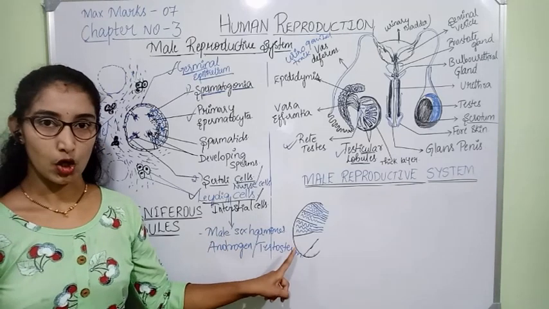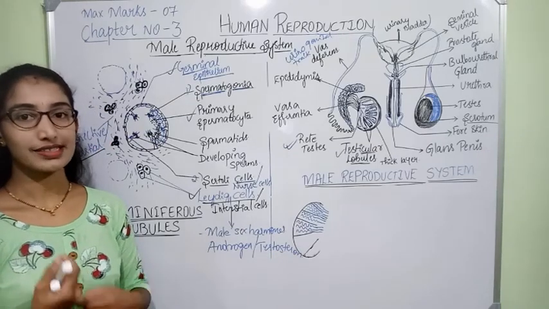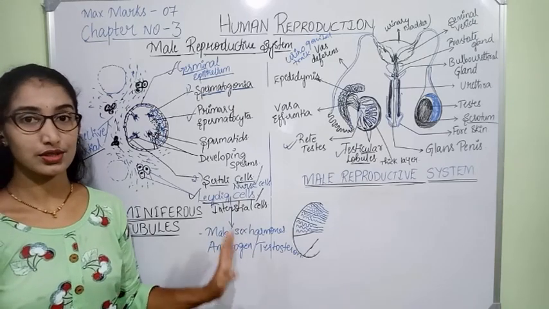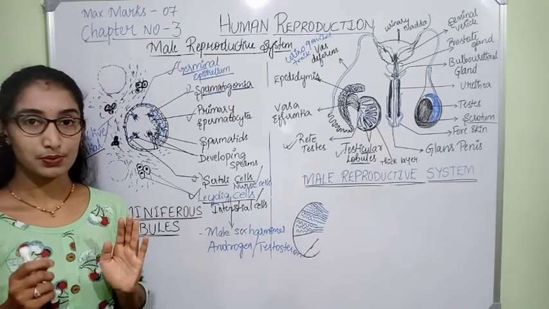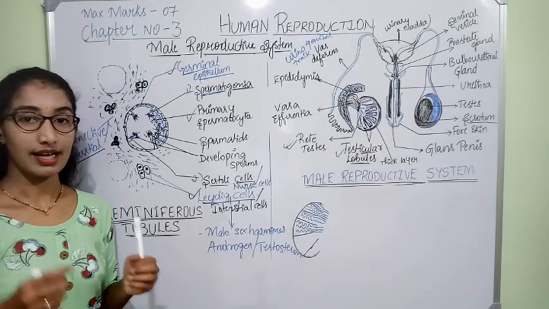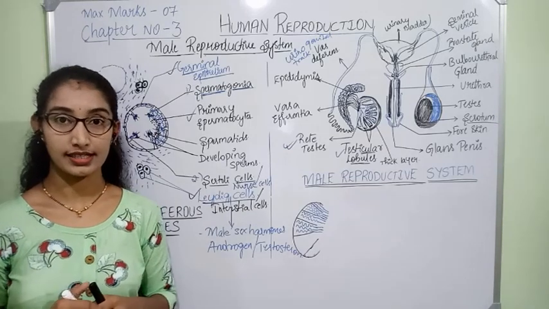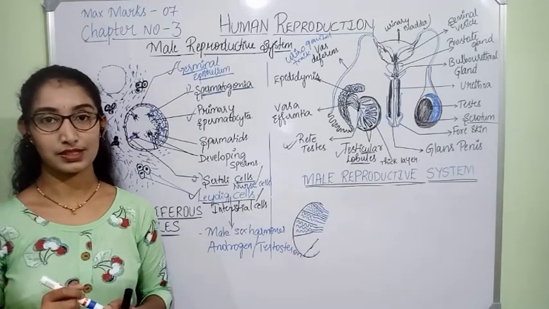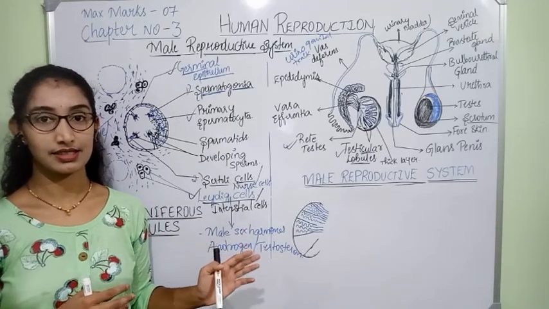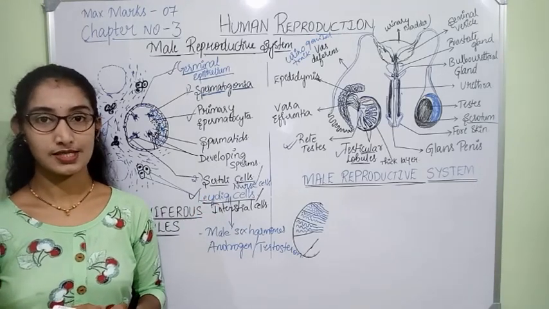Male sex hormone, androgen and testosterone are alternate names for the hormones, and they are produced and synthesized by the Leydig cells. These hormones control and regulate the formation and development of spermatogenesis. So this completes the sectional view of seminiferous tubules.